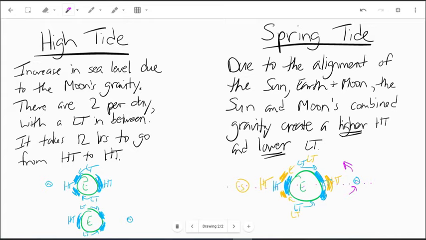So tomorrow we'll work in the explain section of Modeling Eclipses. We'll have one more DNA to do. It'll be about low tide and neap tide. And probably start diagramming a little bit what the eclipses are in terms of solar and lunar eclipse. That'll probably be the second part for tomorrow, just like it was for today.